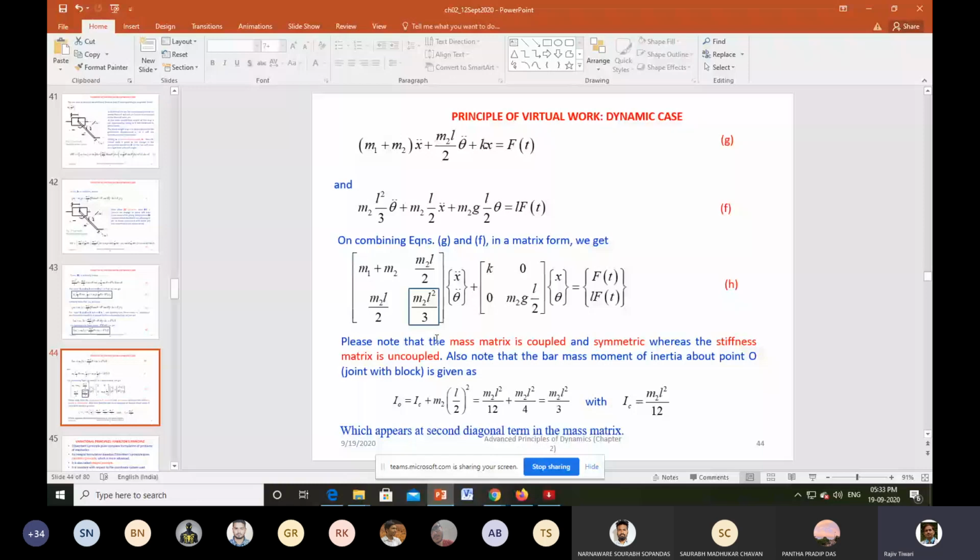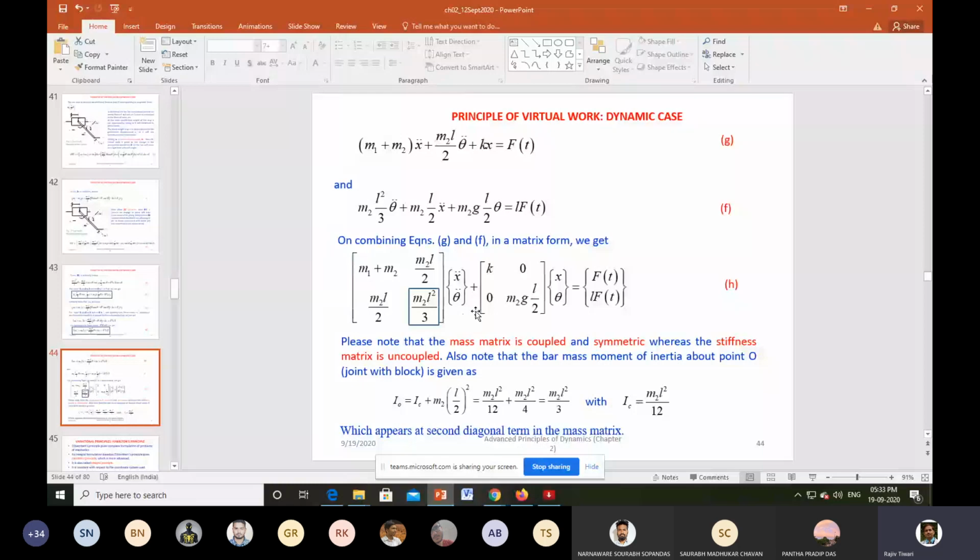Because they are coupled, we need to solve them simultaneously. If these two terms are 0, then what will happen? Both the equations will be uncoupled. We would be able to solve one equation separately and the other equation separately. But for this particular case, they are coupled. Okay, so this is the equation of motion.